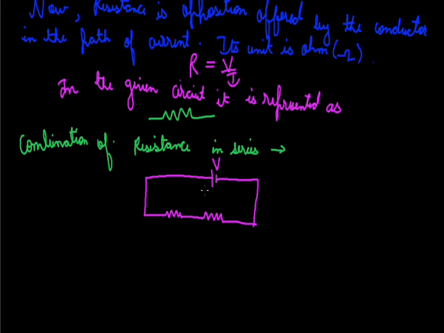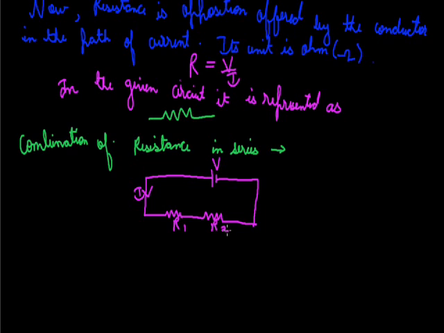This is a cell having the voltage V, current I, this is resistance R1 and this is resistance R2.